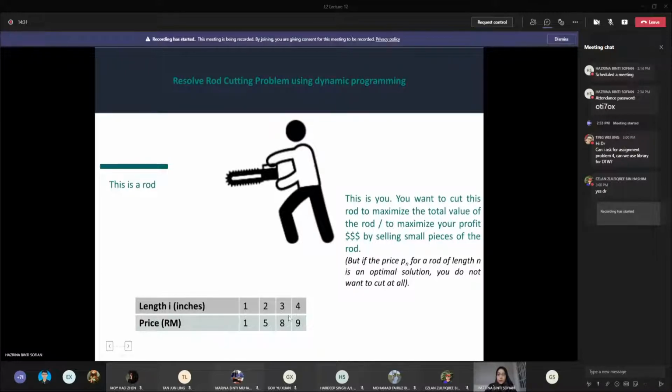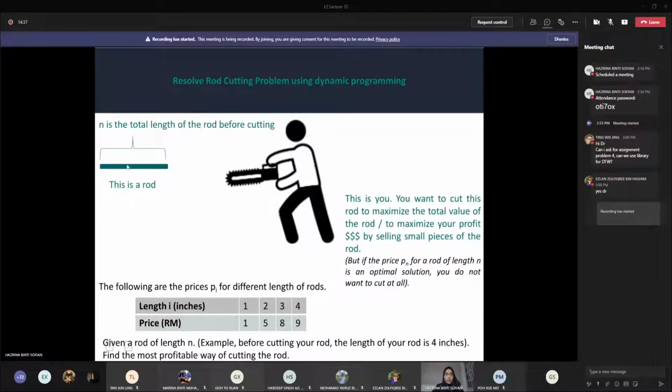So this is a rod, and N is the total length of the rod before cutting. N can be any number. Let's say this rod is 4 inches, so my N is 4.